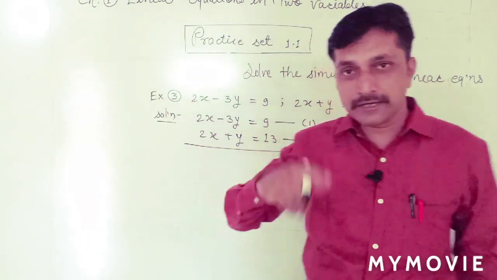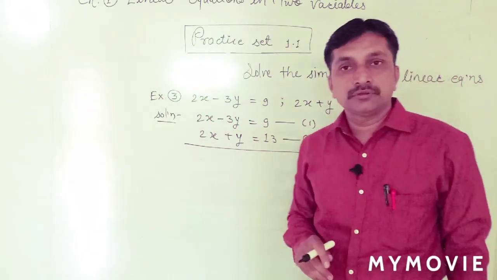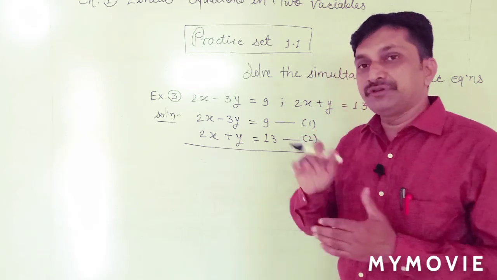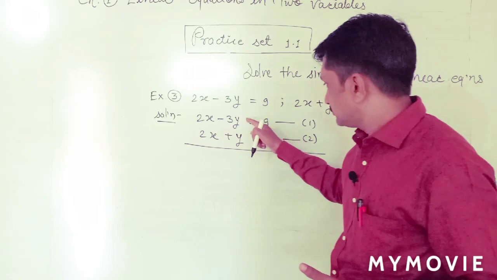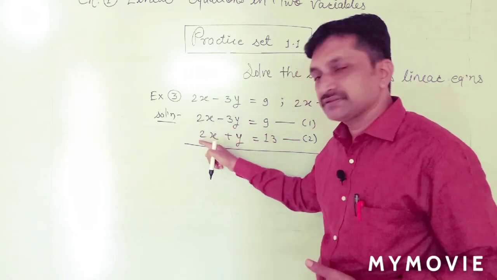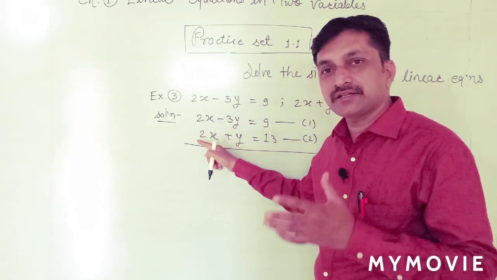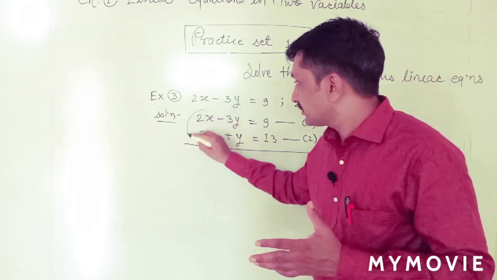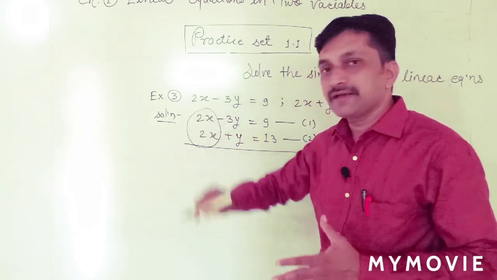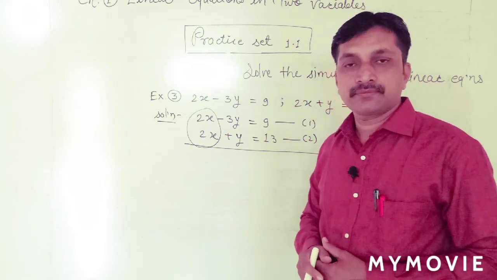Observe the coefficients and then the signs. The variable whose coefficients are the same: 2x, 2x. The coefficients of x are equal. That's why we select x for elimination.